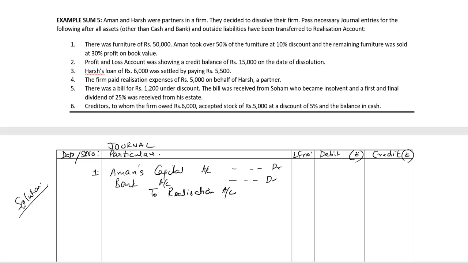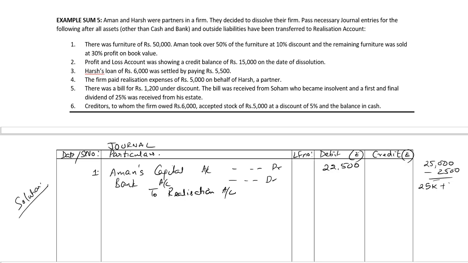Aman takes over 50% of the furniture, which is 25,000 rupees value furniture, at 10% discount. So minus 2,500 rupees comes to 22,500 rupees. The remaining furniture of 25,000 rupees has been sold at a profit of 30% on book value, and 30% is 7,500 rupees. So totally 32,500 rupees.